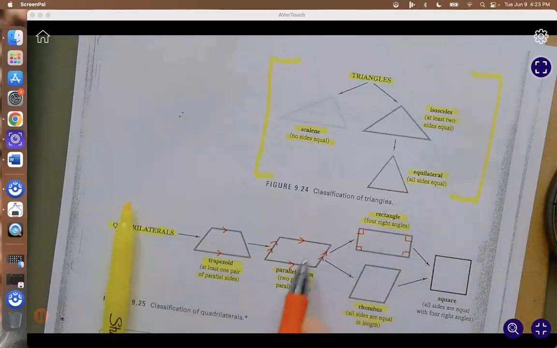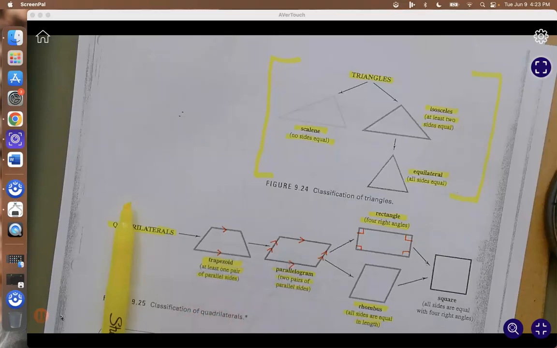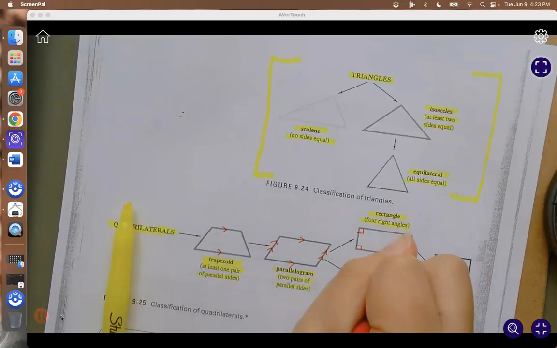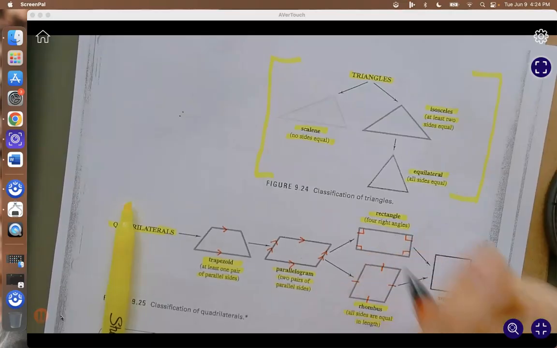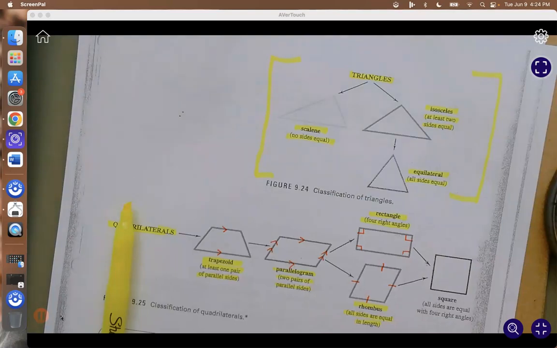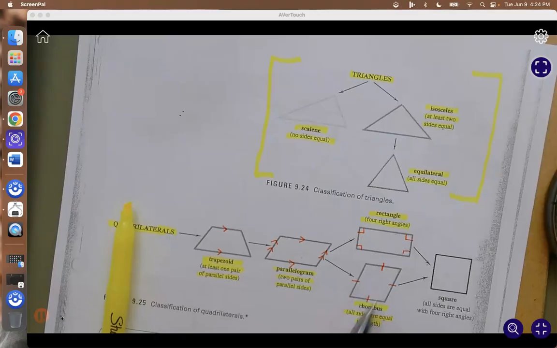And technically speaking, a rectangle is a parallelogram, so that makes it also a trapezoid. A rhombus has 4 equal sides, but it's slanted. It's like a square that got hit by a wind. But in a rhombus, these sides are still parallel, so it's a parallelogram, which also means it's a trapezoid.